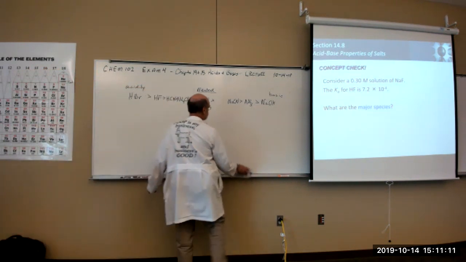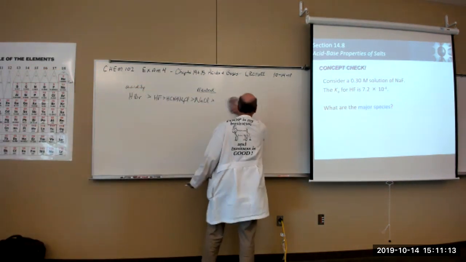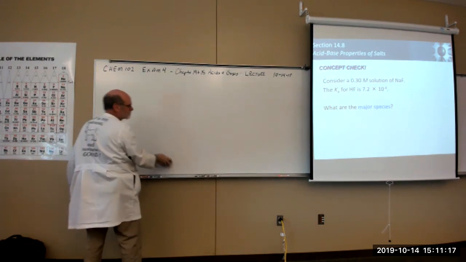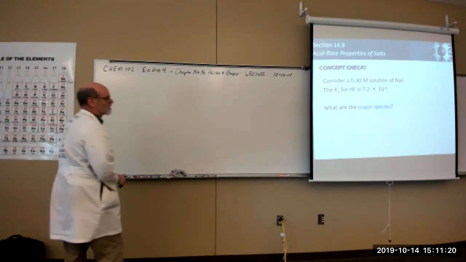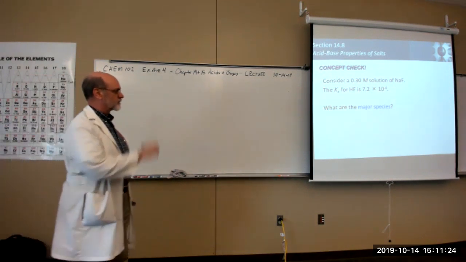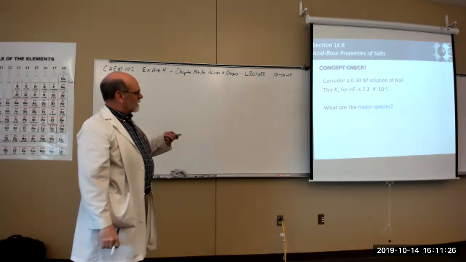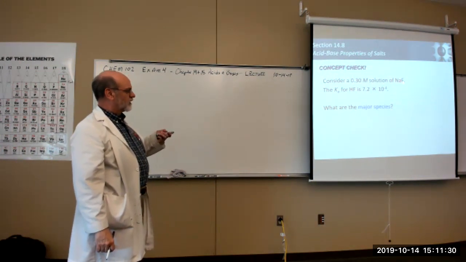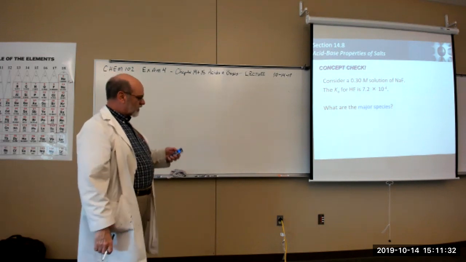All right, so let's look at a salt solution and see if we can determine, well, whatever the question is. First question is, what are the major species? If we've got a 0.3 molar solution of sodium fluoride, then what are the major species?